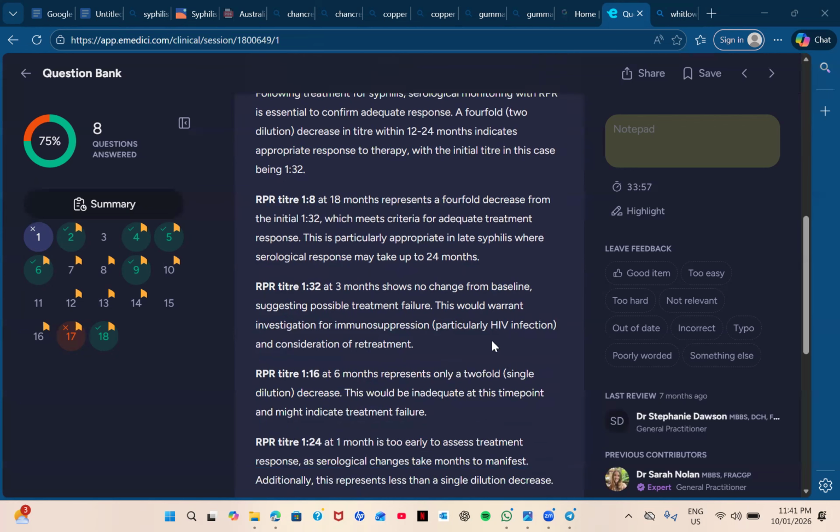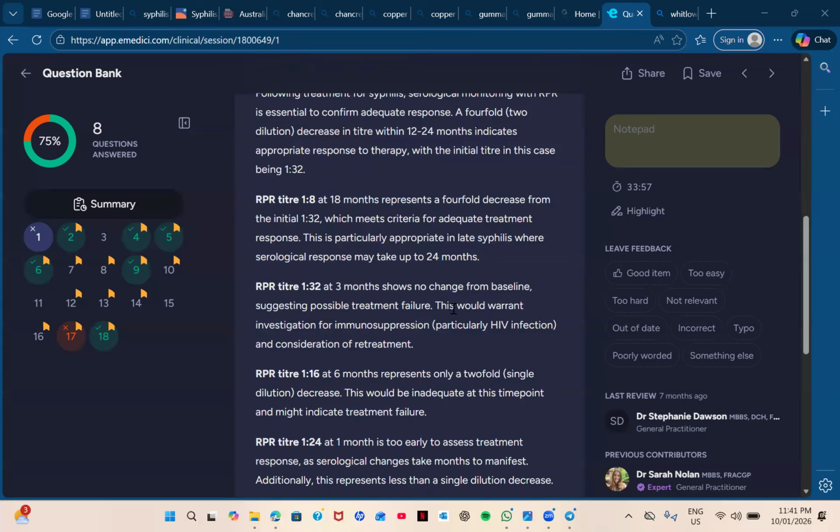So you have to remember, in early syphilis the usual time frame to respond is 6 to 12 months, but in late syphilis it takes from 12 months up to 24 months.